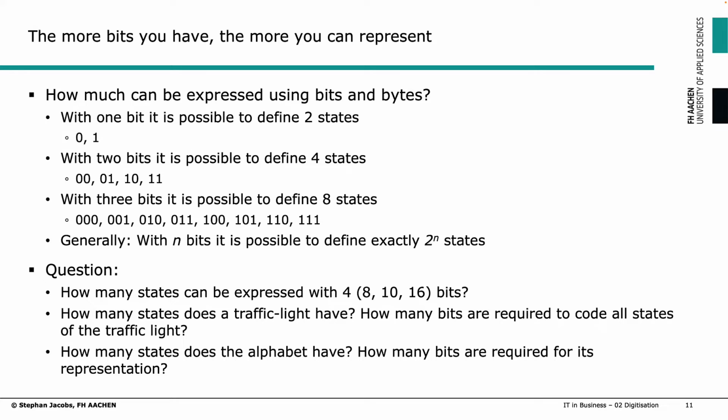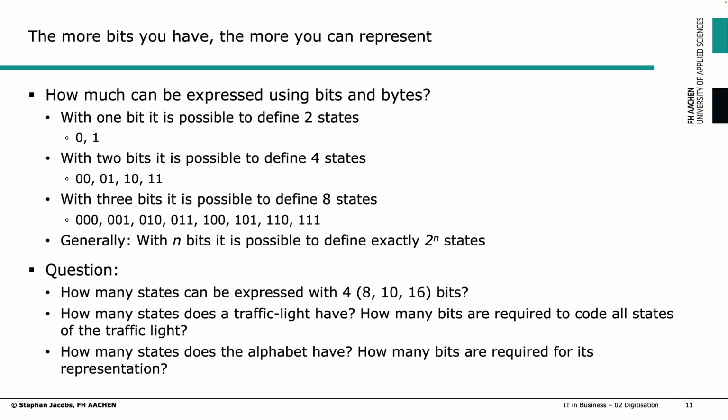Now let's have a look. How many bits do we need in a given situation? If you have a look at a traffic light for cars, then at least in Germany we have the following states. The traffic light is usually red. Then it goes over to a state where we have red and yellow, and then red and yellow turn into green, and then we go back to yellow, and finally we have the initial state red.